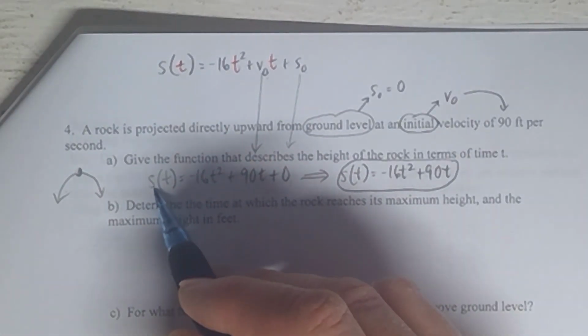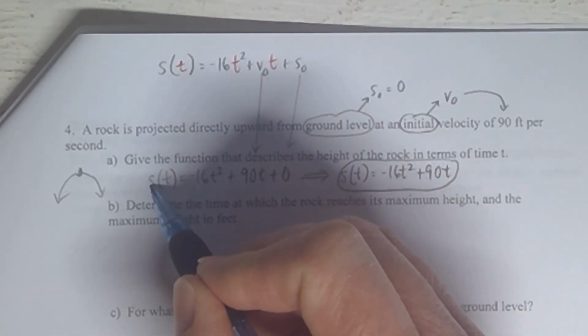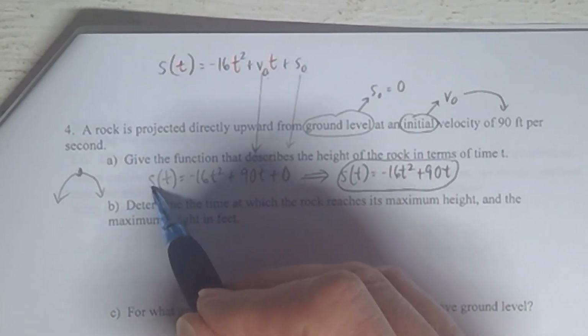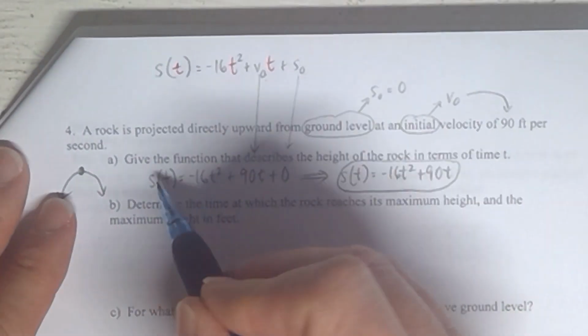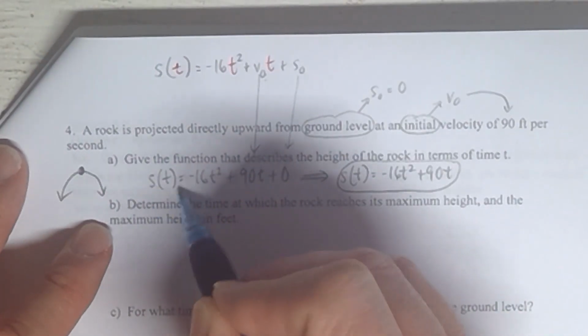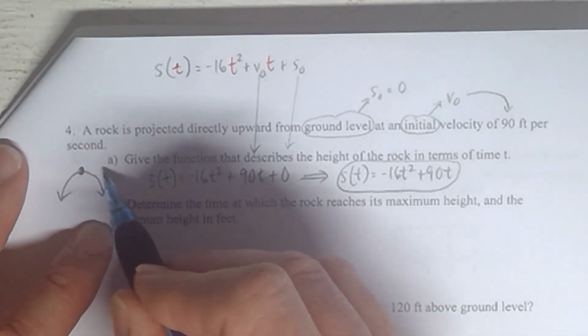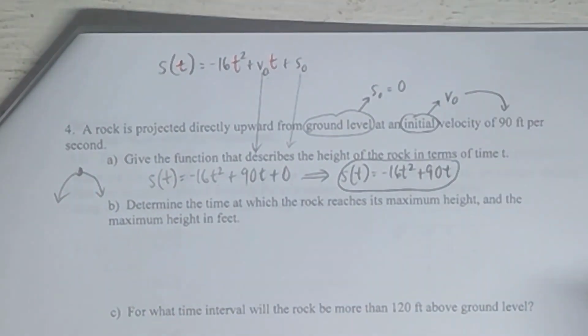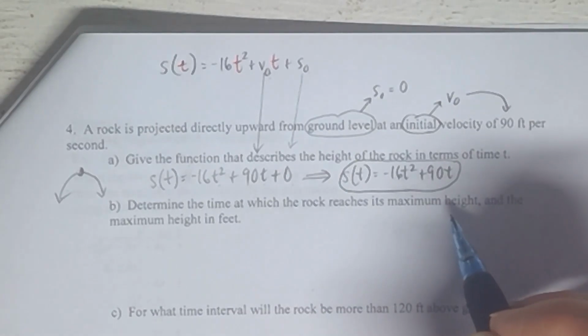We just have a different letter here. It represents the height. So just like the f would normally be the y, this time the s is the y because s is playing the same role that f would normally play. So we want to maximize this function value because it represents the y value right here. So that's what they mean when they say maximum height.